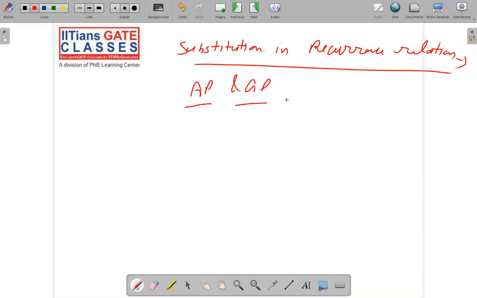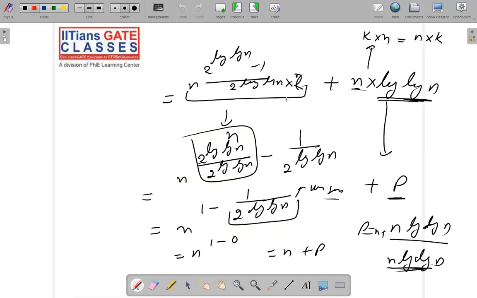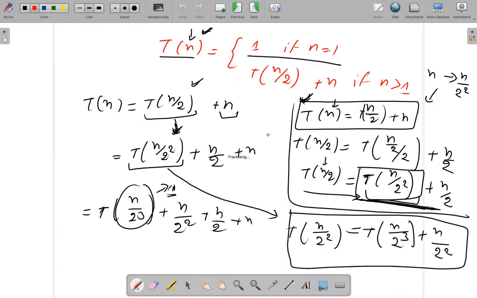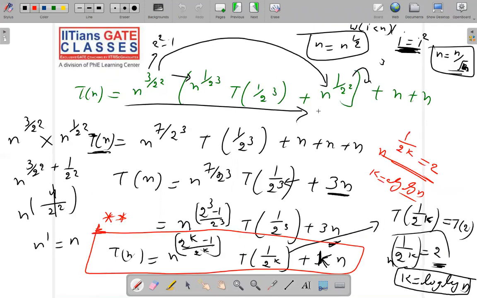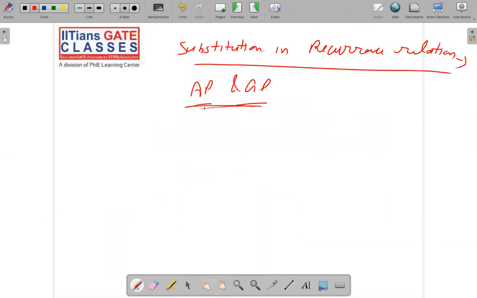Right now you have seen only arithmetic progression. In the previous example, this is the arithmetic progression. So you may end up with arithmetic plus geometric progression also. You just have to do the substitution. Once you reach arithmetic plus geometric progression, you can check on the internet how to solve it. Okay, this is more covered in engineering mathematics.